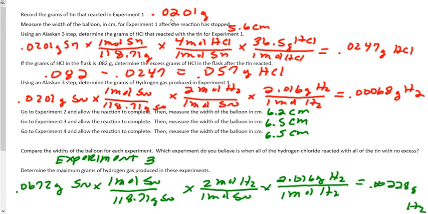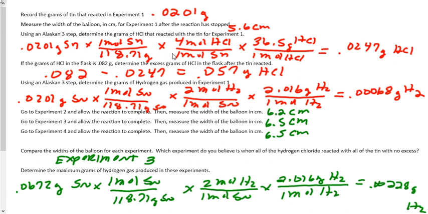So I'm going to start with the 0.0201 grams of tin recorded from experiment 1. We'll multiply that by 1 mole over the atomic mass, or molar mass, of tin to get us in moles. And then we'll multiply it by the ratio of 4 moles of hydrogen chloride for 1 mole of tin. And that comes from the balanced chemical equation.